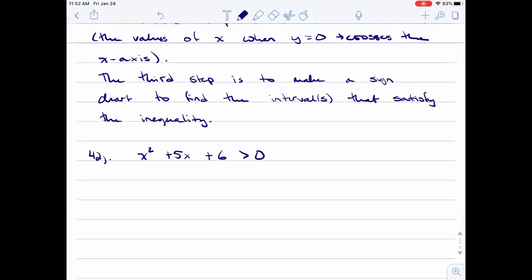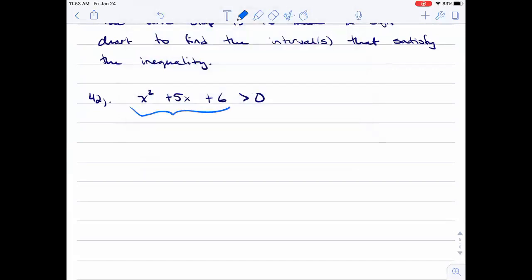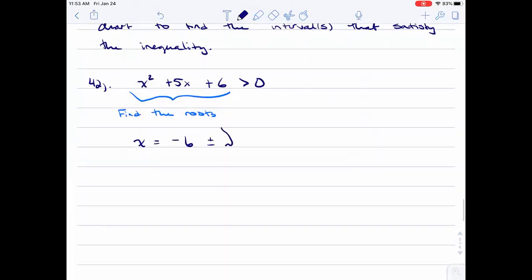From here, we need to find the roots of this equation. And so find the roots. Well, x equals negative b plus minus the square root of b squared minus 4ac over 2a. Let's just make a note here that in our case, a is 1, b is 5, and c is 6.